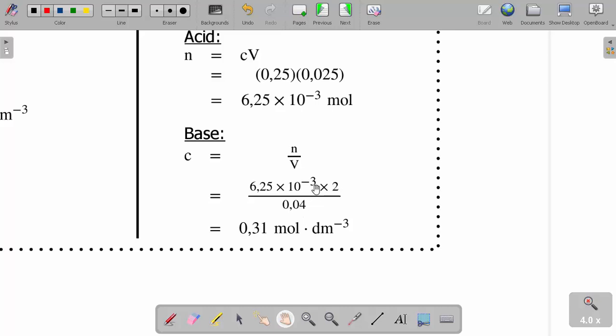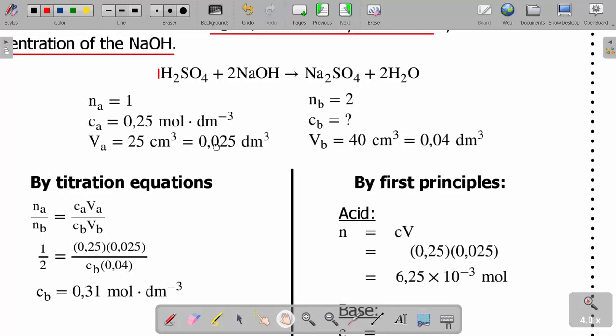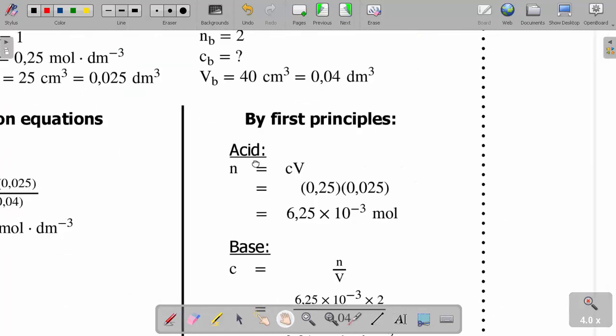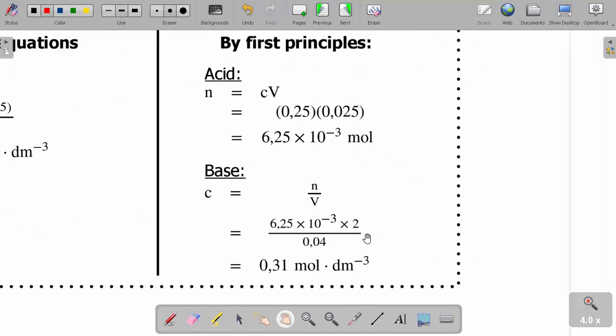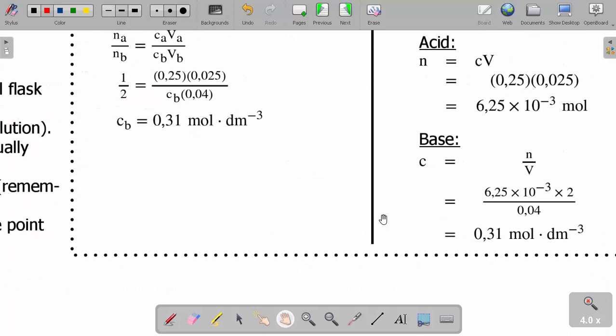Why do you multiply by 2 here? Because our mole ratio between the acid and the base was 1 to 2. So if I know the moles of the acid, to get moles of the base, I multiply by 2. That's why I am multiplying by 2 here. So you see I get the same answer, which is 0.31 here as well as here. Hope we are together.